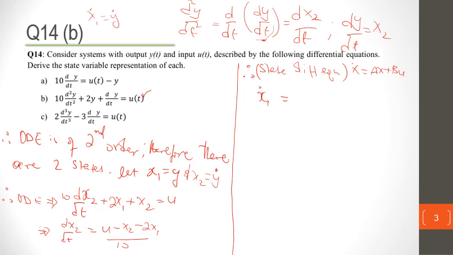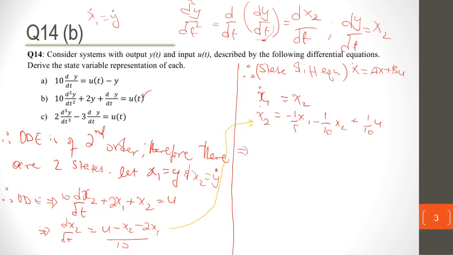So x1 dot is equal to y dot. But y dot is equal to x2. So it's equal to x2. Alright, and x2 dot is equal to minus 1 over 5 x1, that is from here, minus 1 over 10 x2 plus 1 over 10 u.